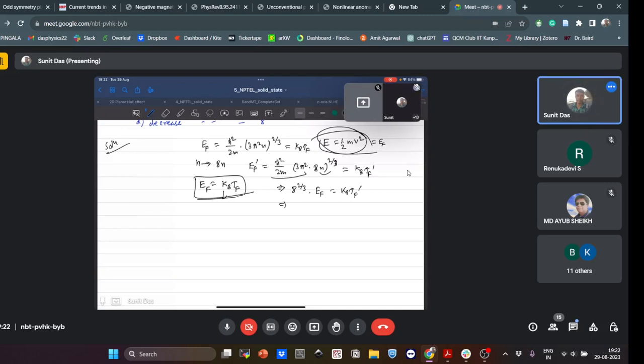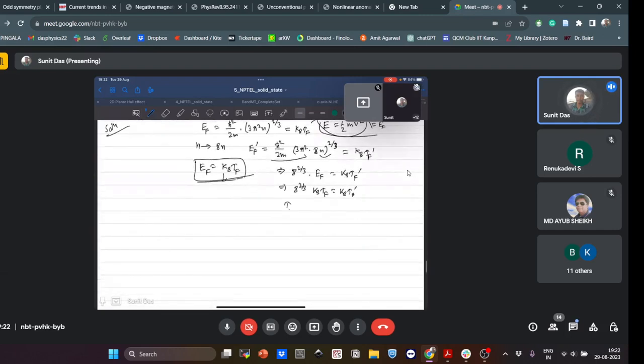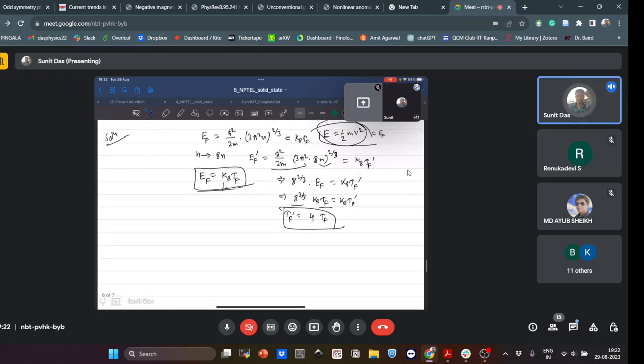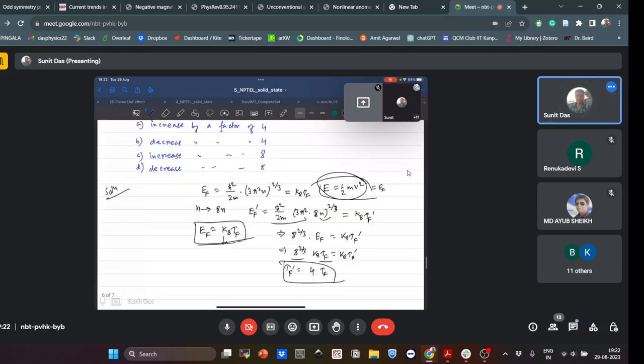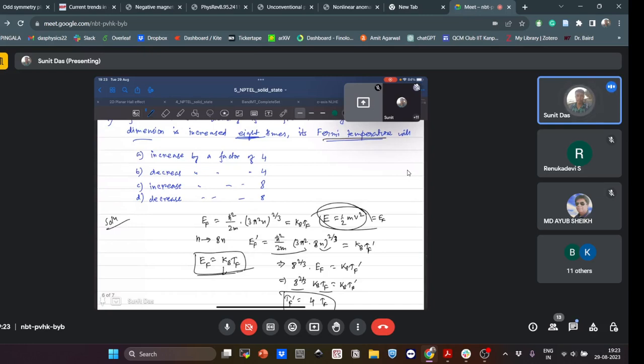So 8 to the power 2 by 3 times k_B T_F equals k_B T_F prime. So T_F prime will be 8 to the power 2 by 3 times T_F, and 8 to the power 2 by 3 is basically 4. So the Fermi temperature will rise by 4 times. Okay, so increase by 4 times, that means option A.